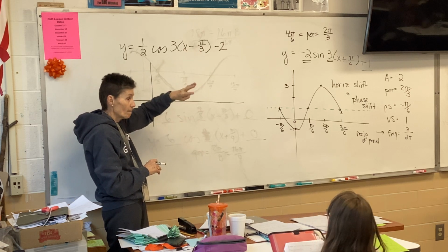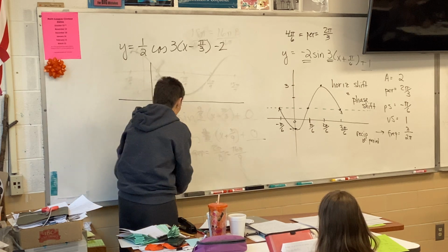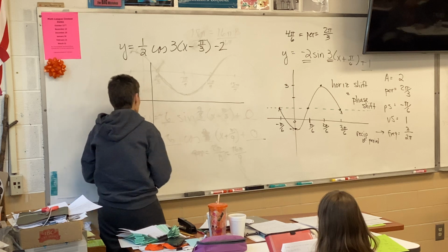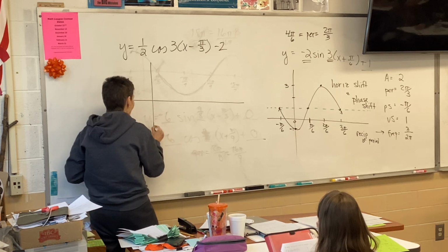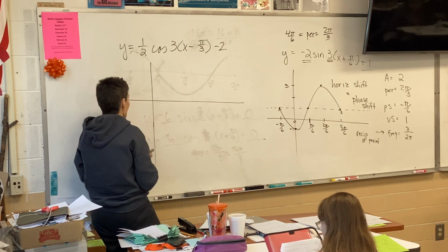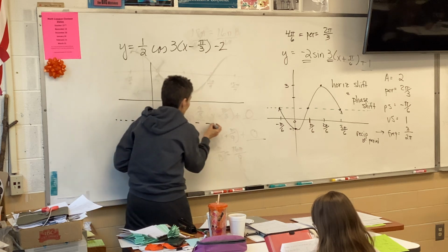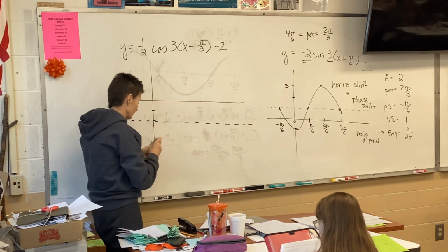Now, notice the -2. What does that mean? Minus, down 2. That means my new axis of oscillation is down 2. I'm going to put it right down there.